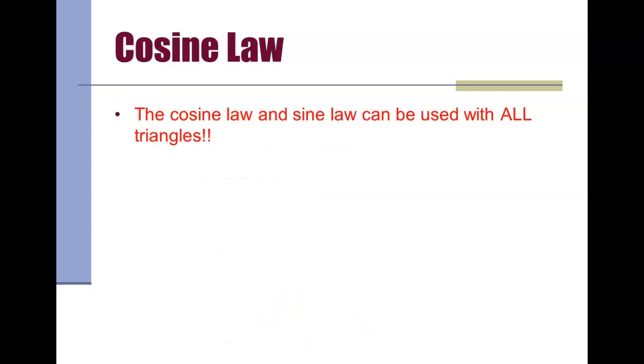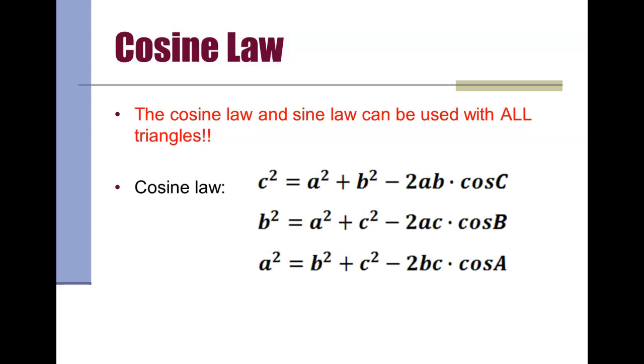All right, two relationships that you can use with all triangles are the law of sines and the law of cosines. Let's look at the law of cosines, or the cosine law. The cosine law can be written three different ways, but basically you're looking for a side.